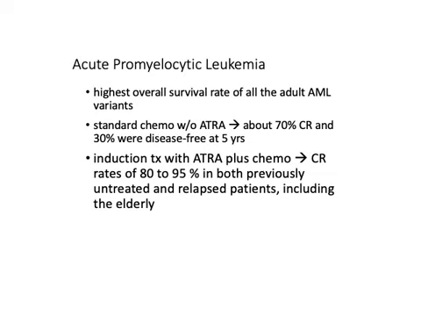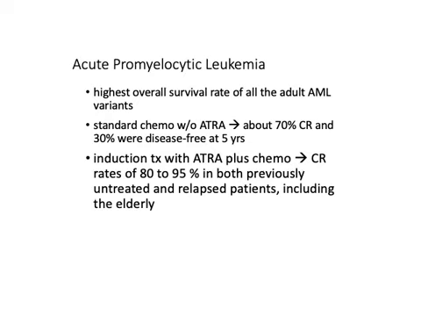APL is also associated with the highest overall survival of all adult AML. So if you only use standard chemotherapy without the ATRA, the complete remission rate is only about 70%, with 30% having disease-free period at 5 years.